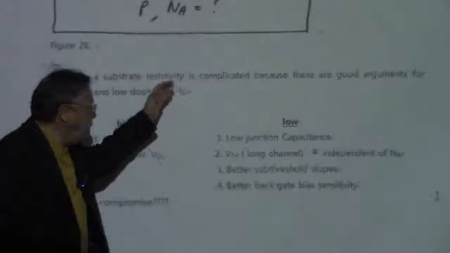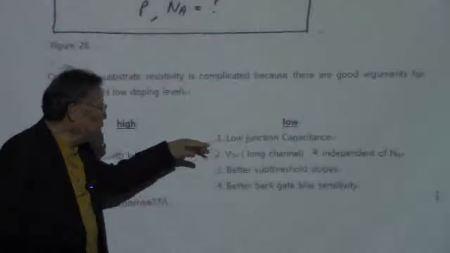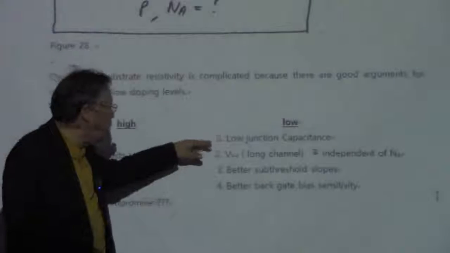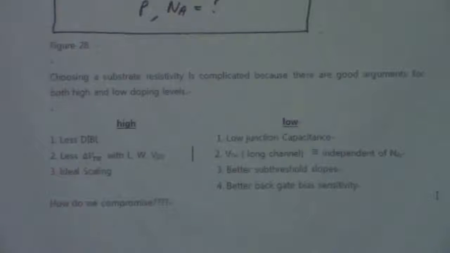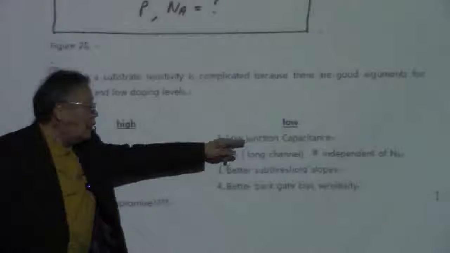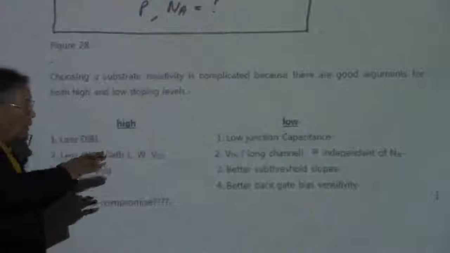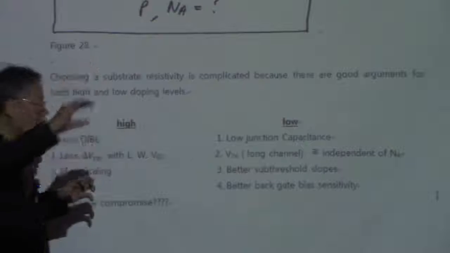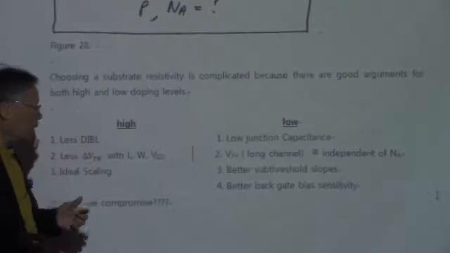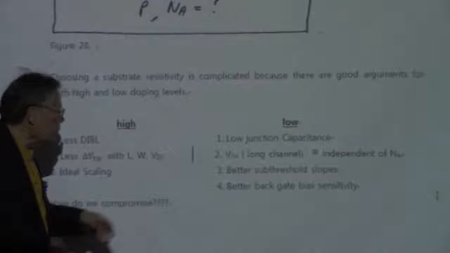On the other hand, if you have a low dopant concentration in the substrate, then we're going to have low junction capacitance, which is inevitable. Junction capacitance means the source and the substrate, and drain and substrate. That is a kind of diode, right?